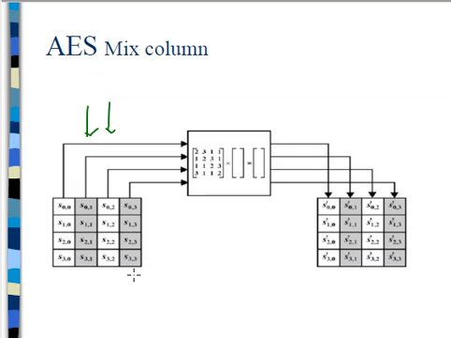And finally, mixing the columns is something like doing a multiplication. Each column of our state will be multiplied by a matrix, yielding a new state. The coefficients of this matrix for encryption are very simple, and they only do some shifting or XORing.